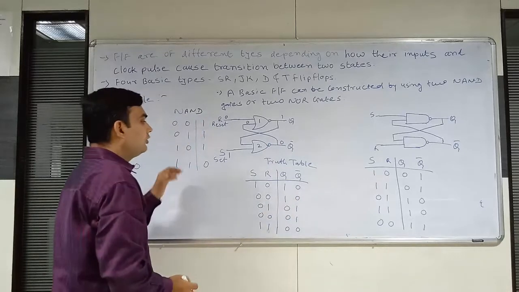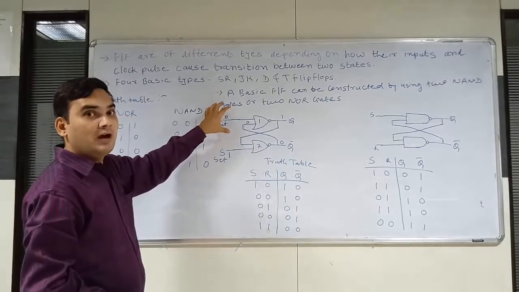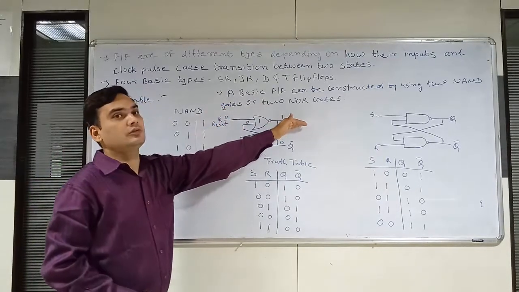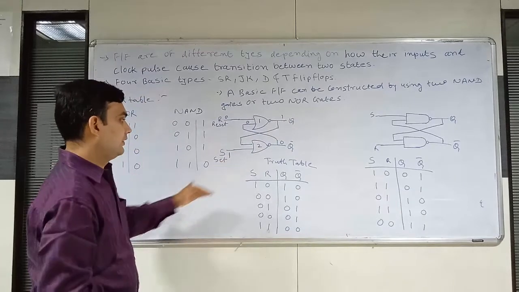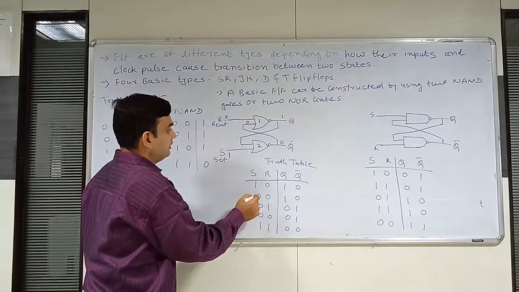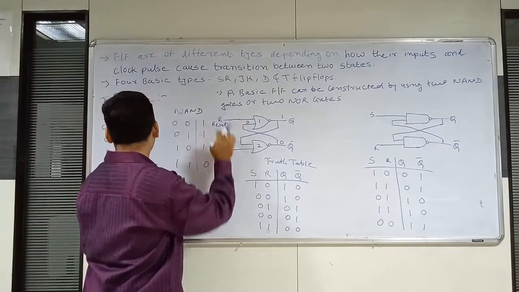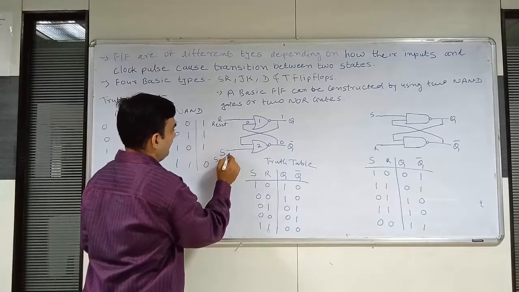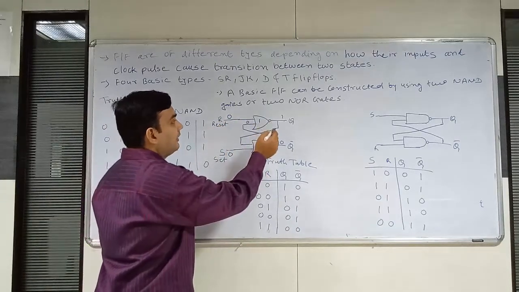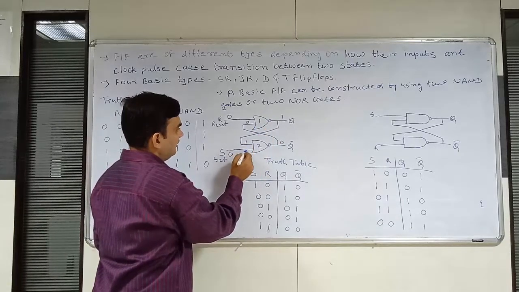Now both inputs are low. We didn't turn off the power supply to the gate circuit, so the state of Q continues for the next step. So when we give both inputs low, that means R equal to 0 and S equal to 0, what will happen? From the previous state, 1 will come here and this one is 0.